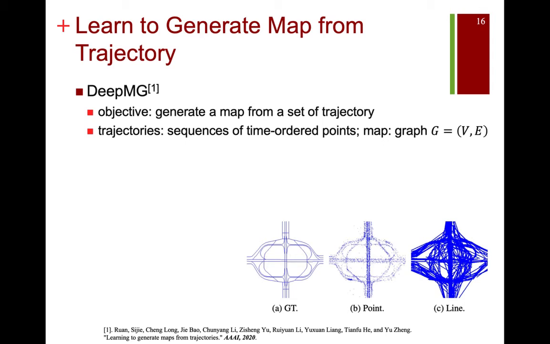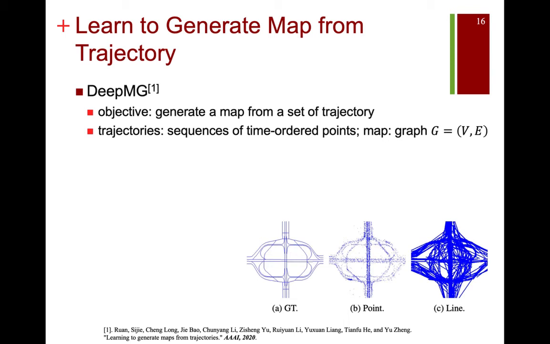This model will take trajectory data as input and then generate a map. But how can it be? We can look at this picture as an example. When given the trajectory sampling points in picture B, as a human we can manually draw some lines to represent the road segments.